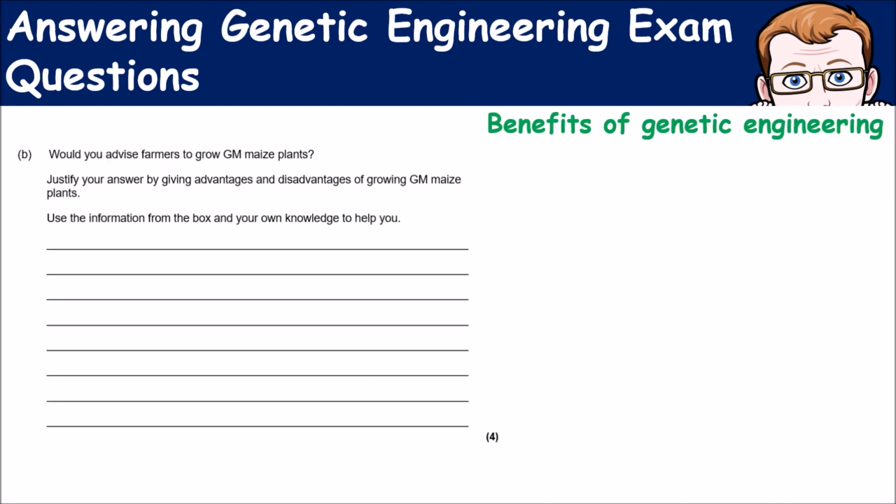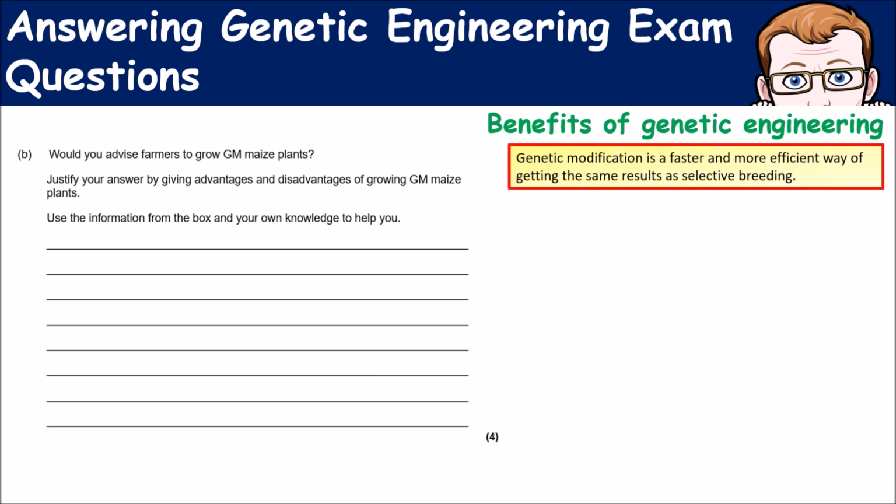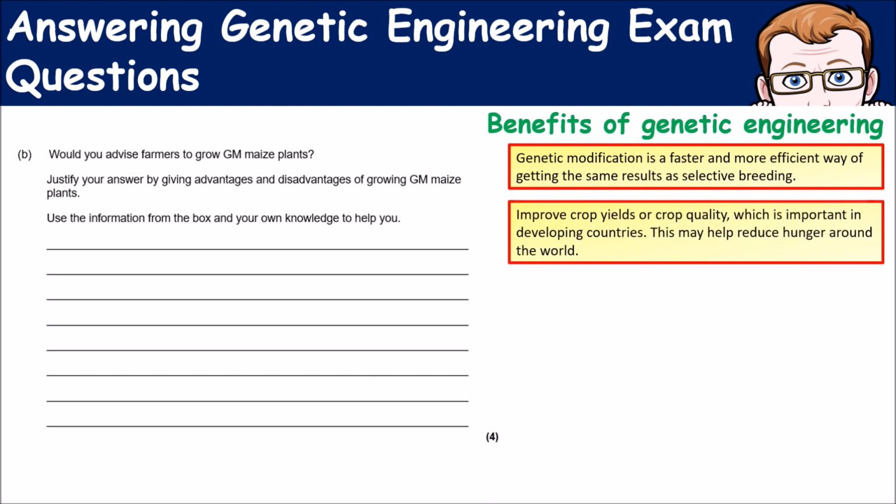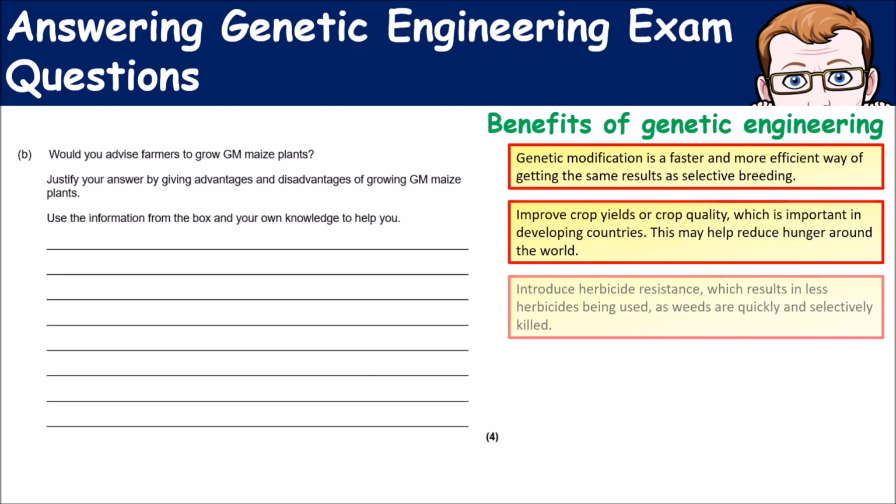If we look at a few benefits of genetic engineering, genetic modification is a lot faster and gives a lot more predictable results than selective breeding. It helps improve crop yields.